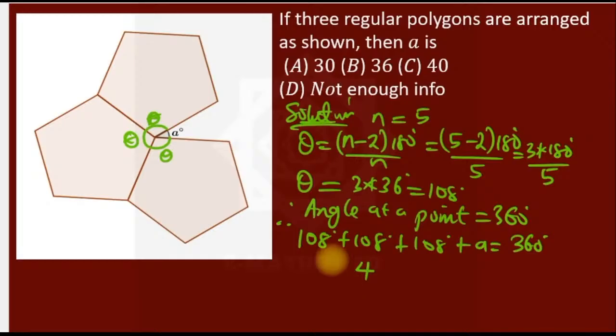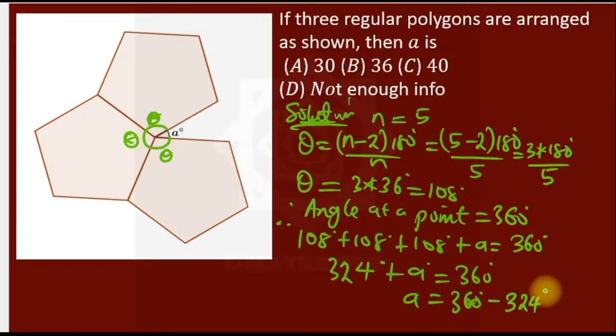So 324 plus A equals 360. So A is 360 minus 324, and the answer is 36. So A is 36. Our answer is option A.